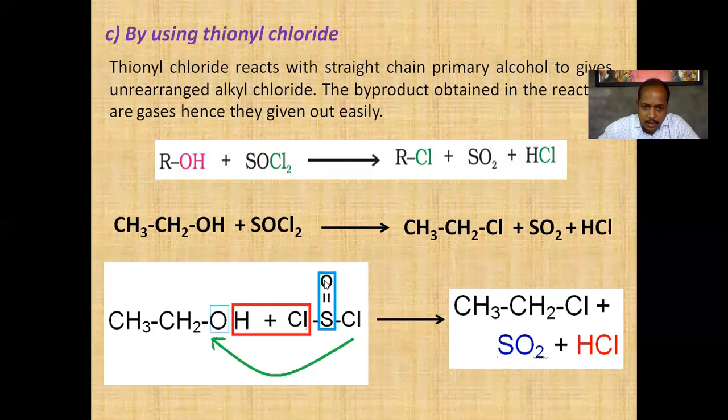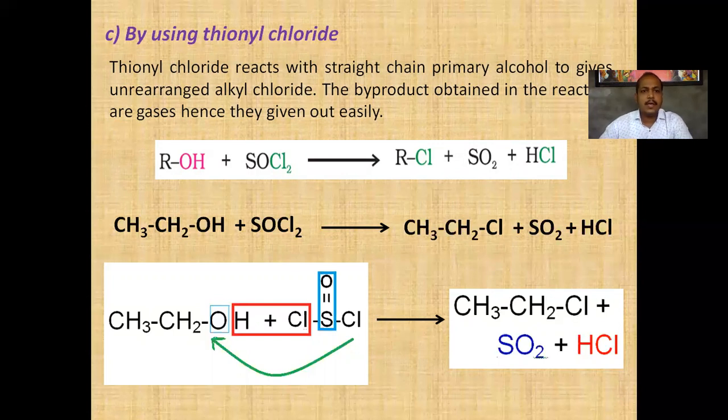This S, this O and this O go as SO2, and this Cl gets attached here. So what product will be obtained? CH3CH2Cl plus SO2 plus HCl. Is it clear? So by using alcohol and these various reagents, we can prepare alkyl halides easily.